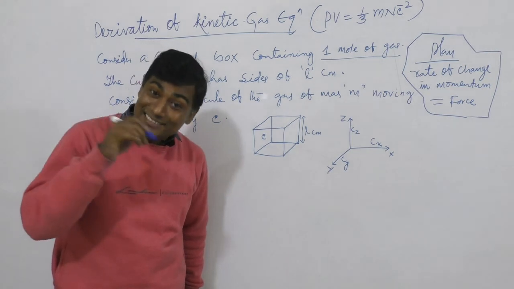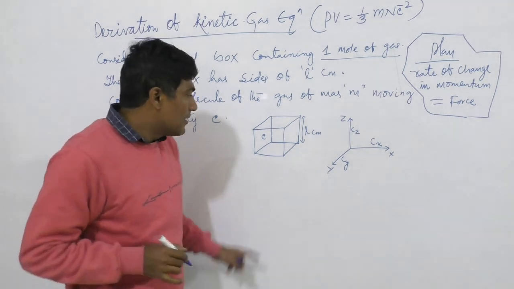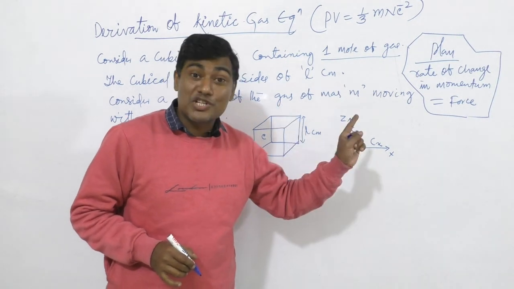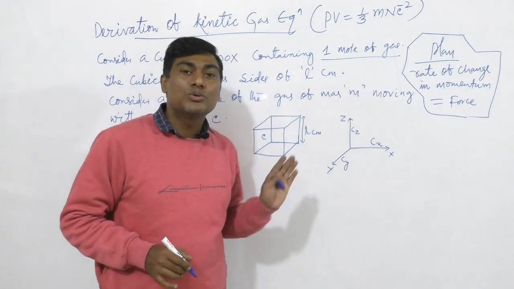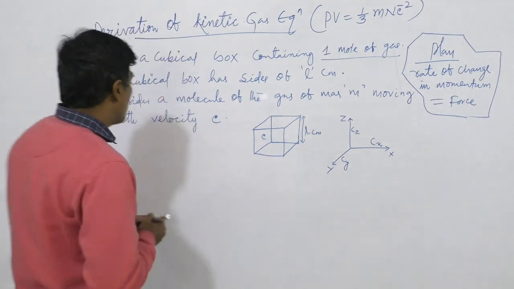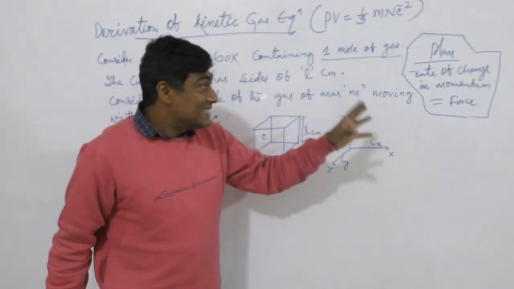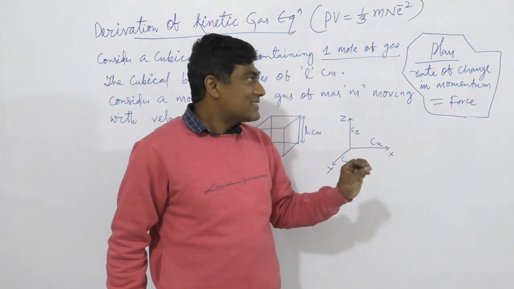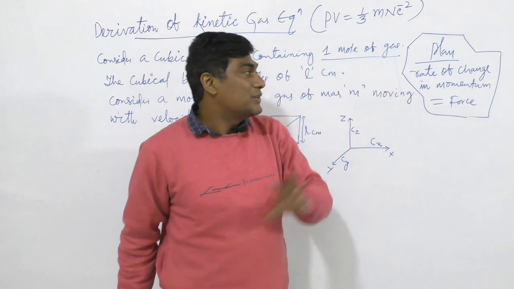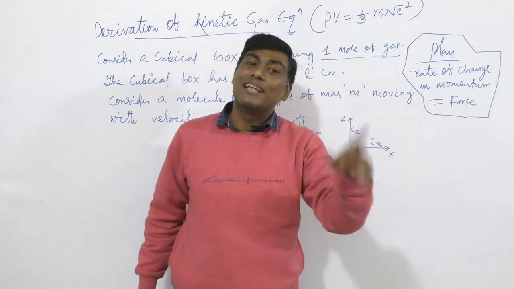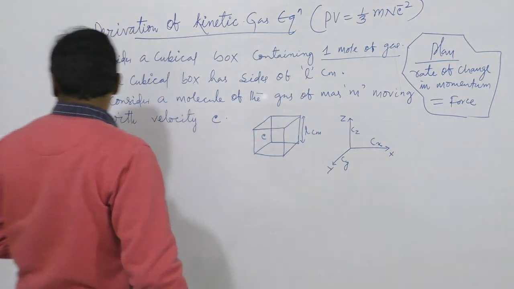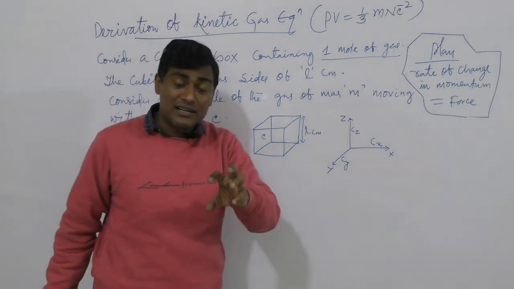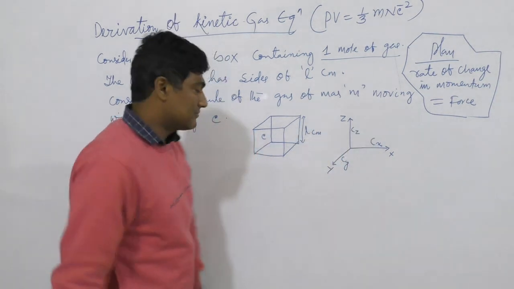We will proceed in a similar fashion. First we calculate considering the direction x, then y, then z. Since we are concerned with momentum, let us first start with the change in momentum, then the rate of change in momentum. At first we will consider the direction x.